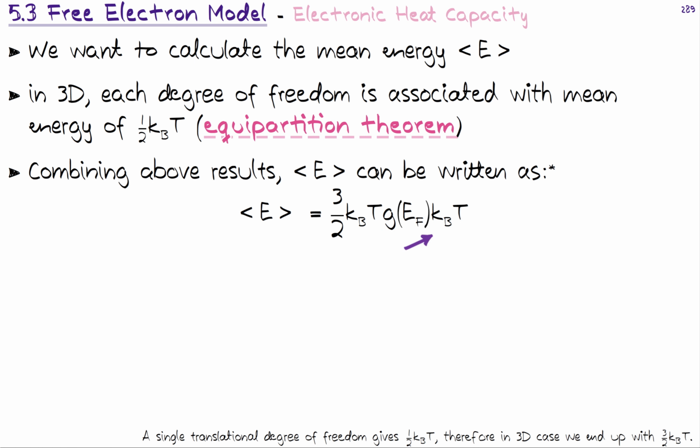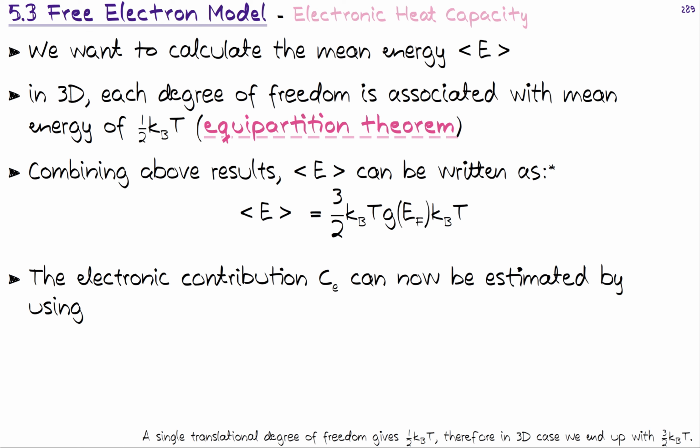So the density of states times kBT gives us the number of electrons, and the 3/2 kBT gives us the average energy associated with a single electron. The density of states times kBT tells us how many electrons we have in the piece of metal. And 3/2 because we have 3 translational degrees of freedom, so that the electron can move along x, y, z, or any direction associated with these different directions.